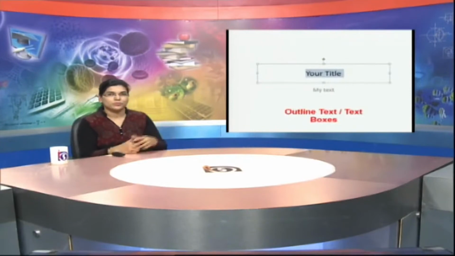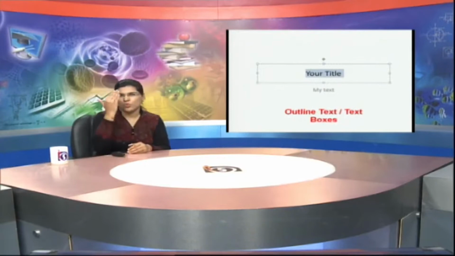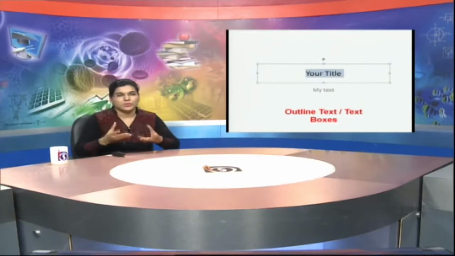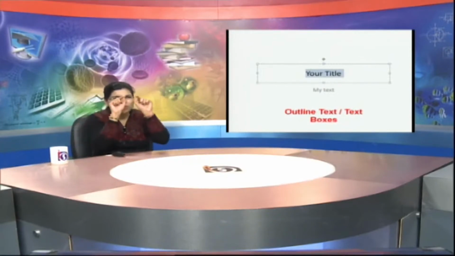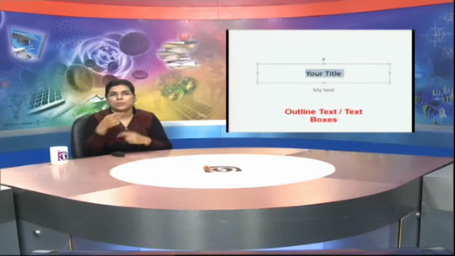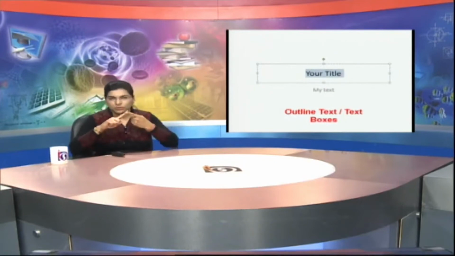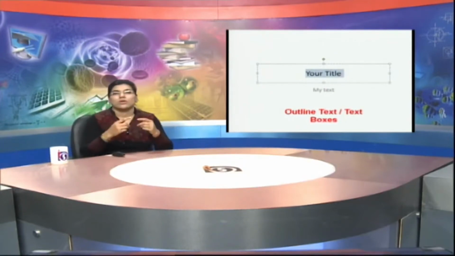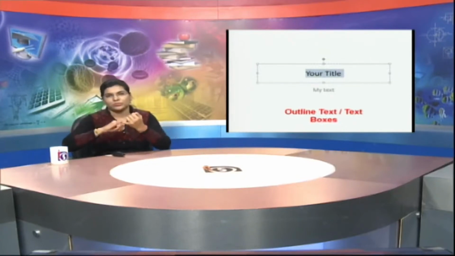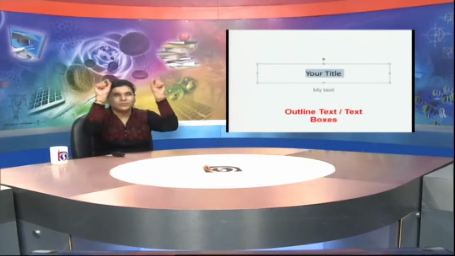So as you see in the given slide, in a PowerPoint presentation, when a slide is there, there are these small dotted outlines where you can write your title and your text. That is the outline text or text box. You can call them either of it.